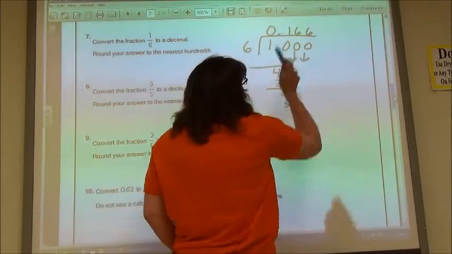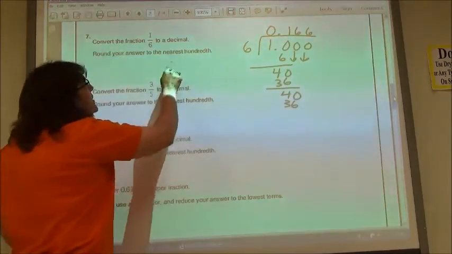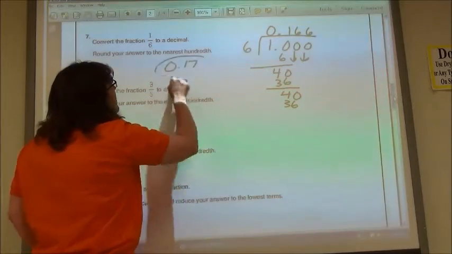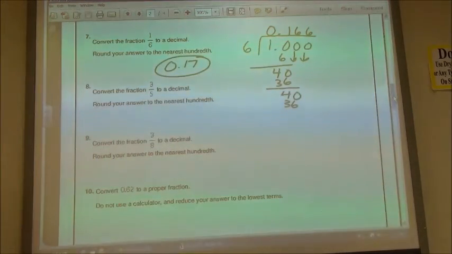Since there's a 6 behind there, I'm going to round that off to 0.17 as to what 1/6 is equivalent to. So on my calculator, I'm going to do 1 divided by 6, and I get 0.16666666, which I rounded off to 0.17.